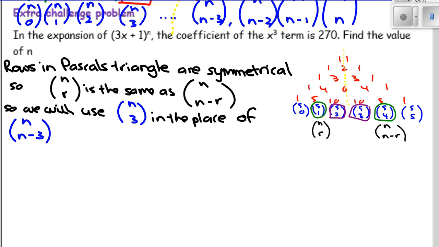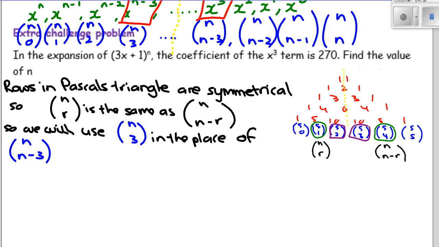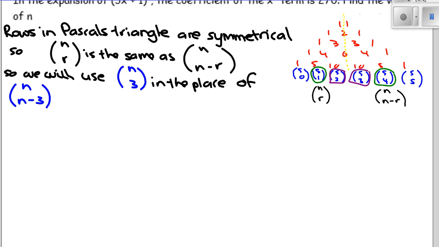We're going to use n choose 3 in that place. It's just going to be easier to deal with later on down the road. Now we're finally going to start to set up our binomial expansion. Instead of writing n choose n minus 3, we're going to replace it with n choose 3. If you want to, you can write it first with n choose n minus 3, if that helps.